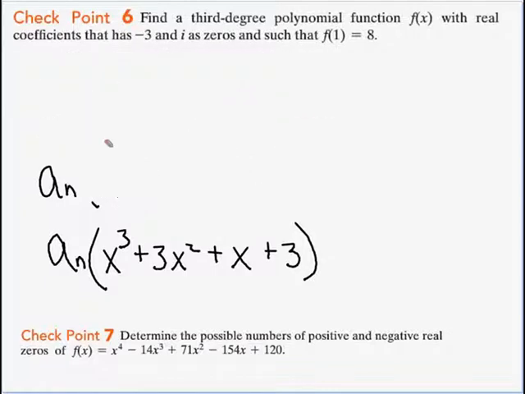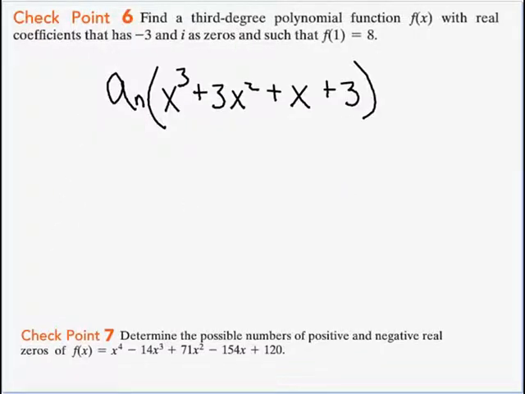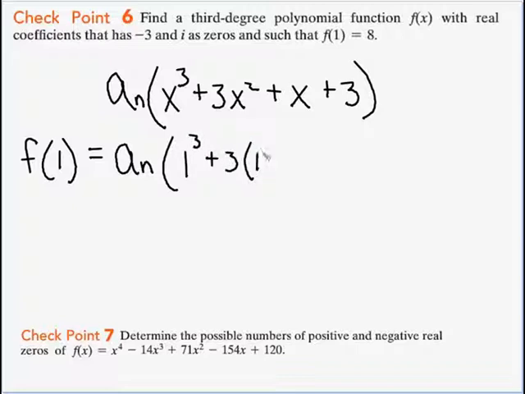Okay, we're getting somewhere. Now it's time to work on that a sub n. What is our coefficient there? Well, they gave us the clue f of 1 is equal to 8. f of 1 is equal to this with 1's in for all the x's, and we set the whole thing equal to 8.